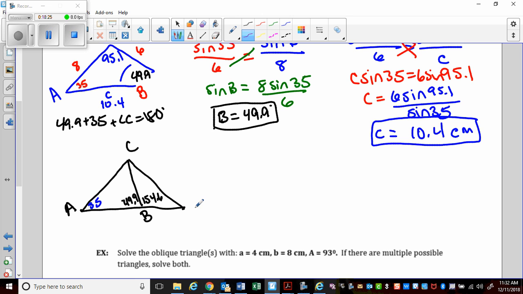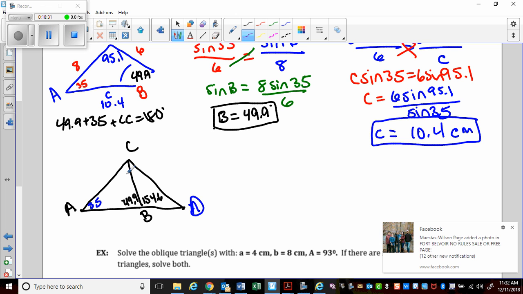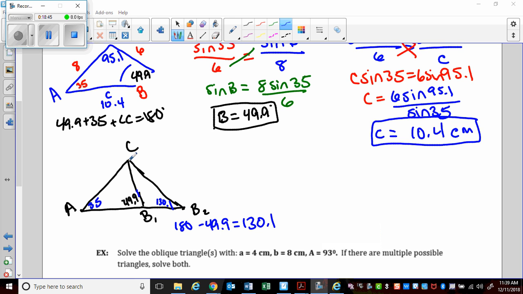And that means that we can make this one like D or something like this. So this could be two different triangles. I'm sorry, so I fixed it. This is going to be B2, and this will be the angle of B2.